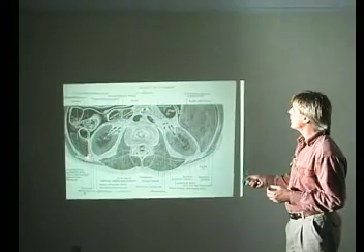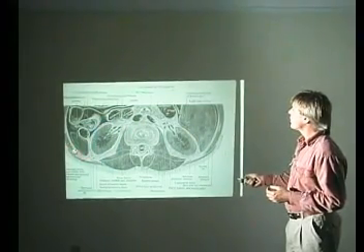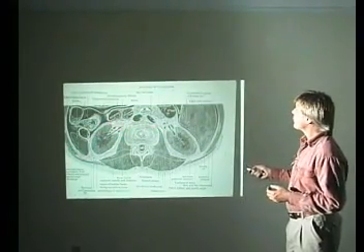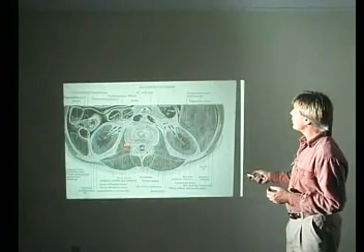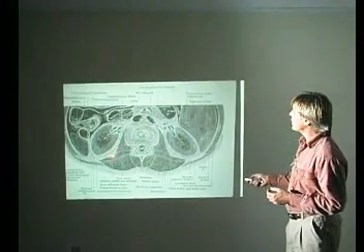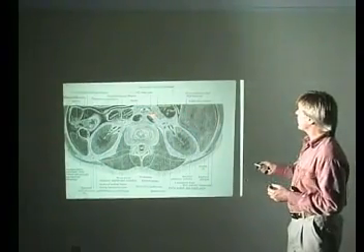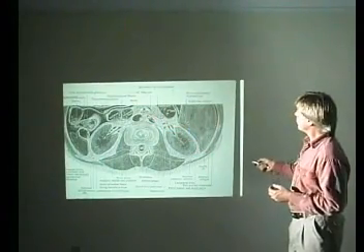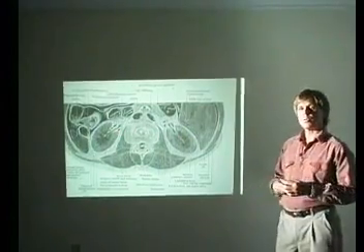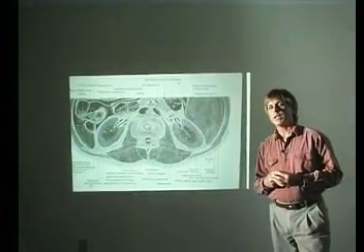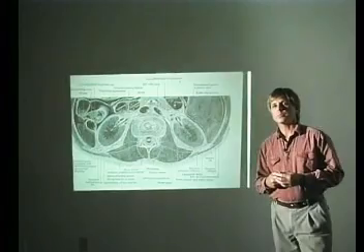And here in this slide you can see some of those layers done up in blue, separating, say, the kidneys from the psoas, and here's a line separating the psoas from the quadratus lumborum. This is a slice through the lower back, but the blue lines here show you some of the fascial planes and how they divide themselves into layers.